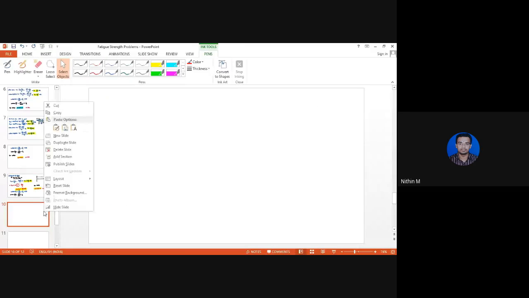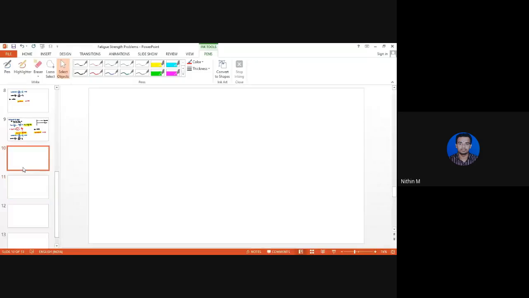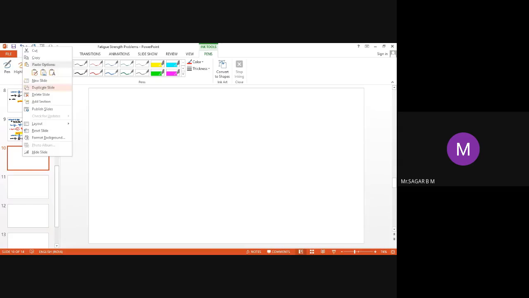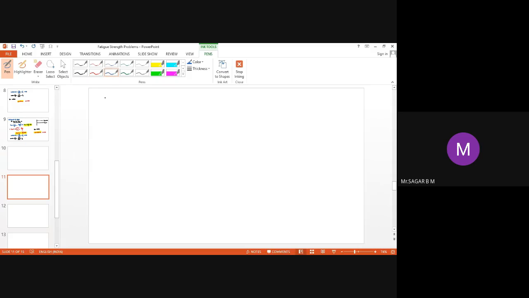Fine. Let us solve the last case. What is case D? Where is from minus 5 kilonewton to 20 kilonewton? Fine. So here F varies from minus 5 kilonewton to plus 20 kilonewton. Correct? Now let us try to draw the graph. This is x-axis, we have y-axis here.